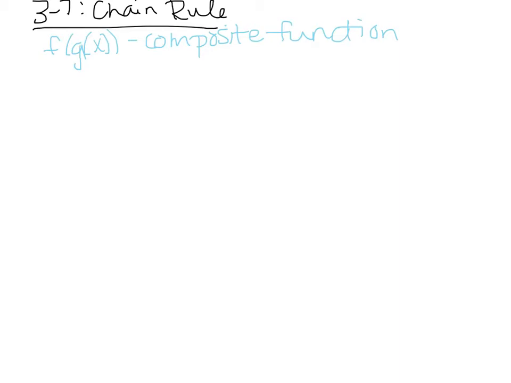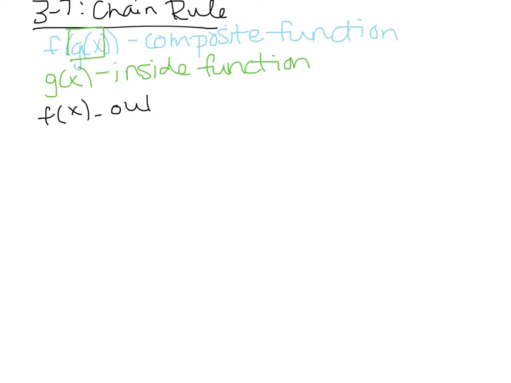My composite function is made up of two functions, an inside function and an outside function. In this situation, whatever's inside is the inside function. So g of x is your inside function, and f of x is your outside function.